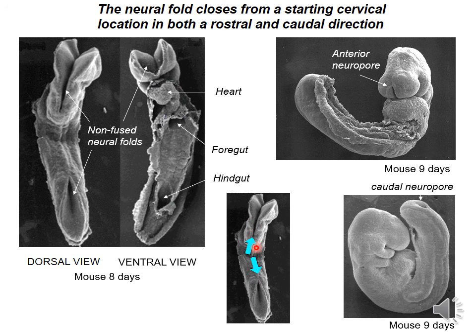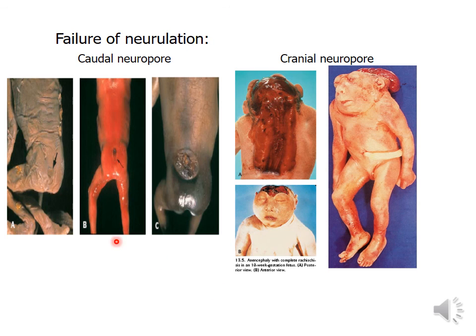This figure shows the direction of closure of this neural tube. The cranial neuropore closes first, followed by the closure of the caudal neuropore. Sometimes any defect during closure of both pores will cause deformities or congenital anomalies in the developing embryo at the caudal region or at the cranial region.